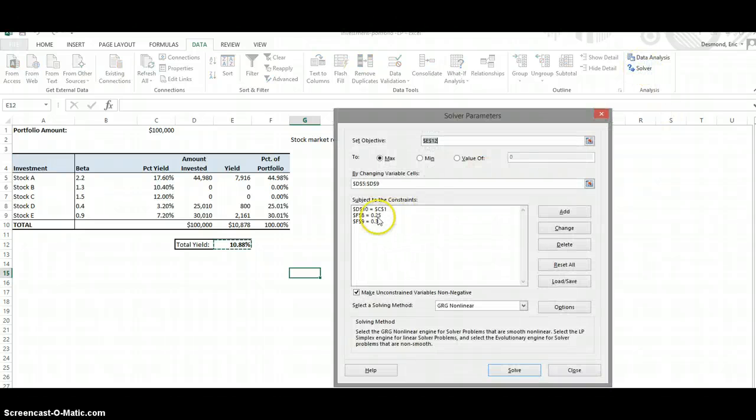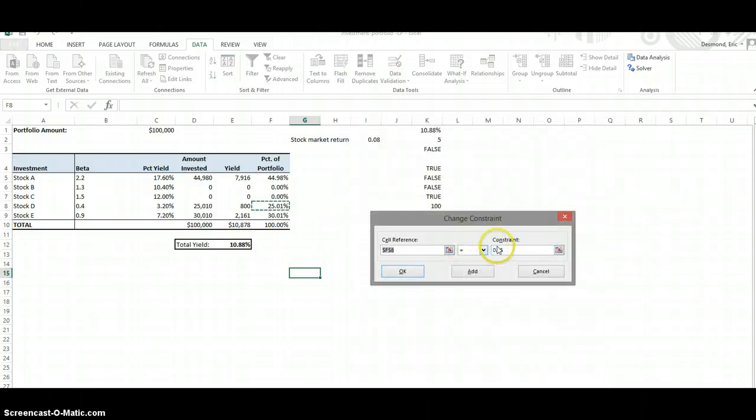You get another. If we get rid of those constraints, change it to 0.05. Add. And this one is 0.10. Add. That means we're keeping 15% of our investments total in low risk, low beta risk securities.